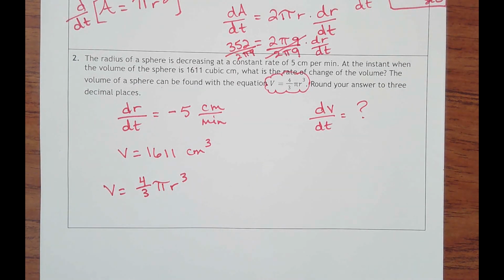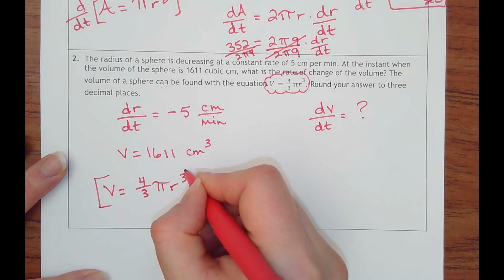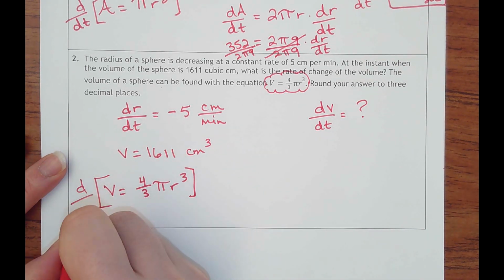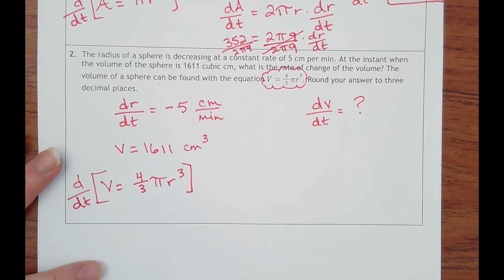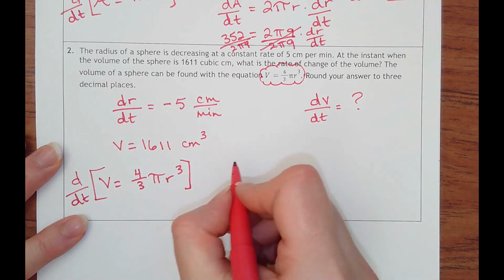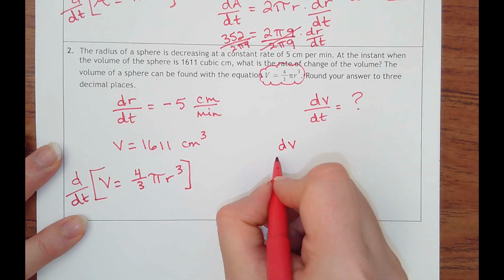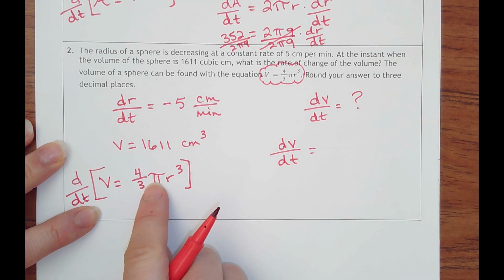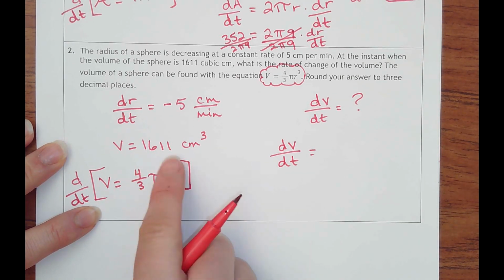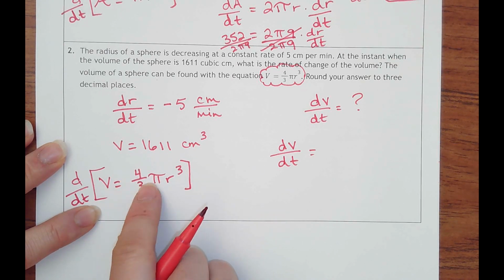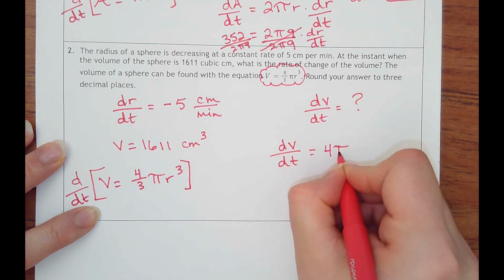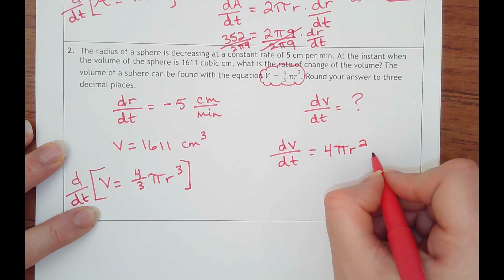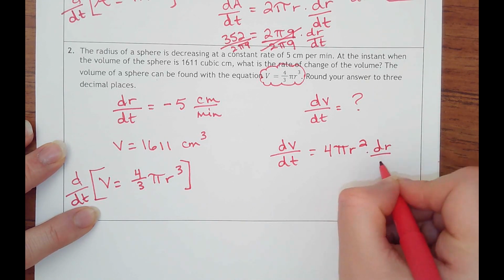So I would just start and think, okay, well, I know I've got to take the derivative of this formula with respect to time, and then I'll figure out what I have and what I still need. That would get dV over dt equals, so remember 4/3 pi, that's all a constant, so take times 3, the 3's would cancel, that's 4 pi r squared times dr to dt.